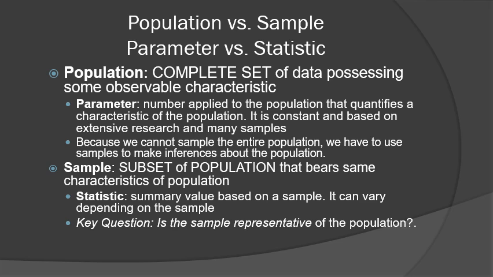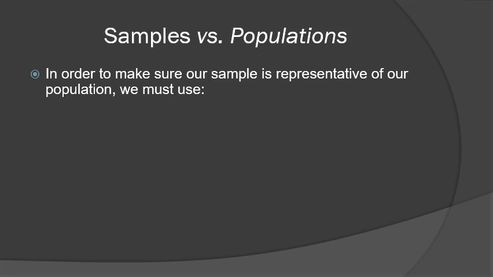That's because a lot of studies are done on college students, and then inferences are made about the population as a whole, and there are differences between college students and the population as a whole. But let's look at some things we can do to make sure our sample is representative or more representative.